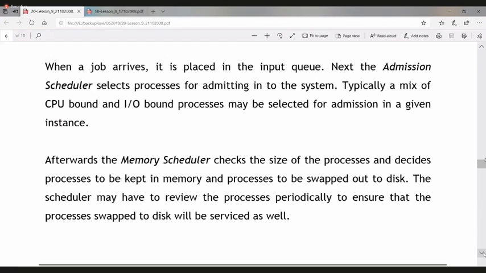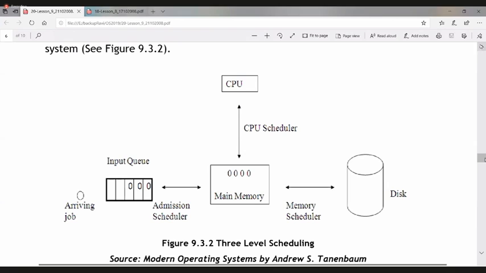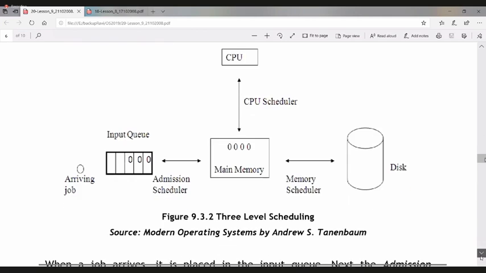So when a job arrives, it is placed in the input queue. Then the admission scheduler will decide who will enter, depending on the algorithm used.